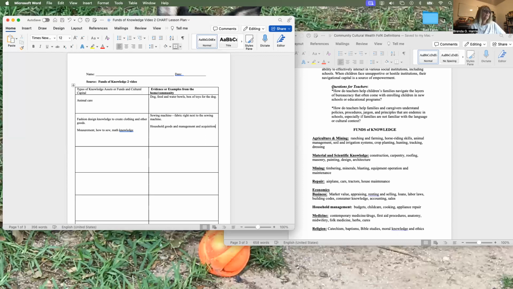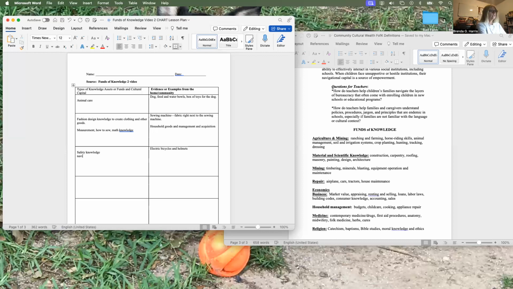What else did we see? Did you see the bicycles? There were electric bicycles, and I don't know if you saw the helmets. So you've got safety knowledge, and navigational knowledge, right? You can use a bicycle to get around as alternative transportation rather than driving your car.